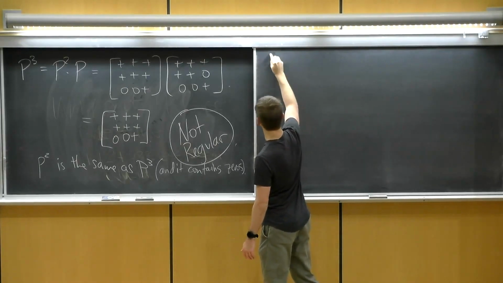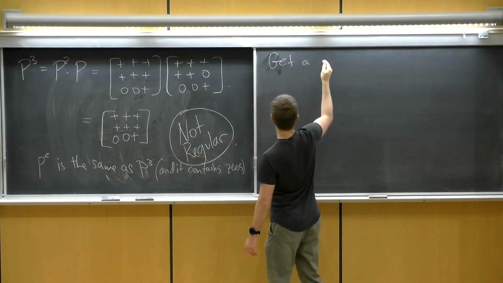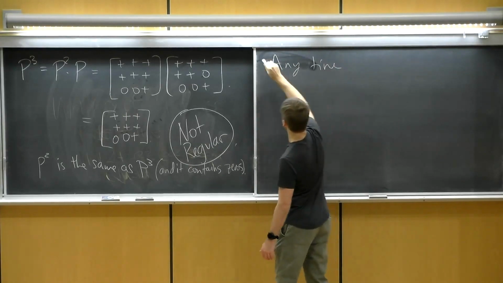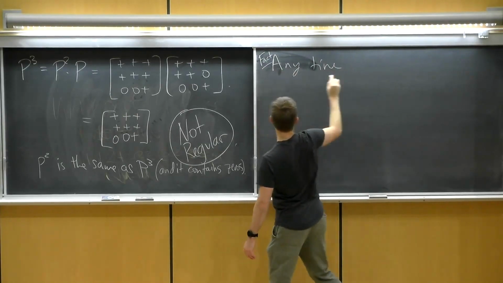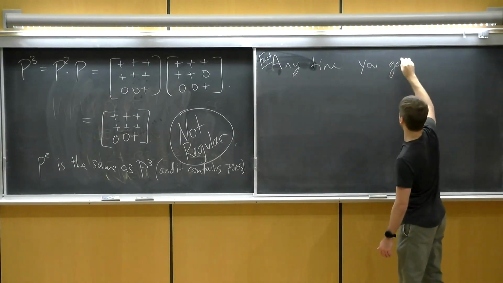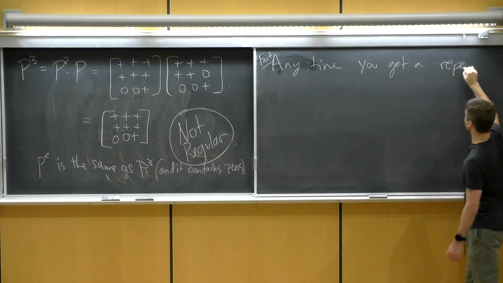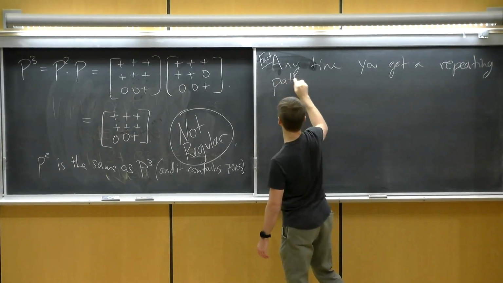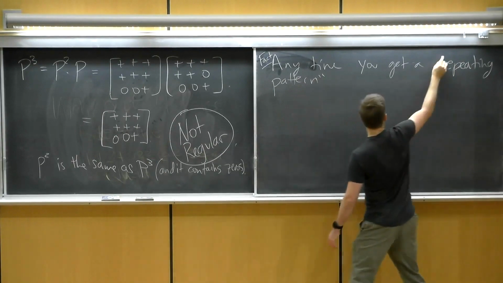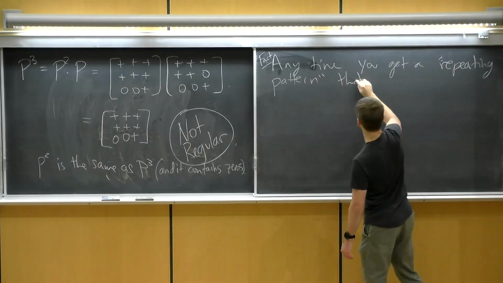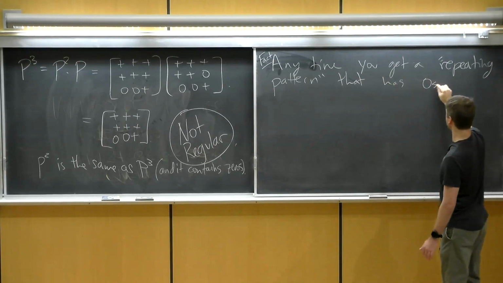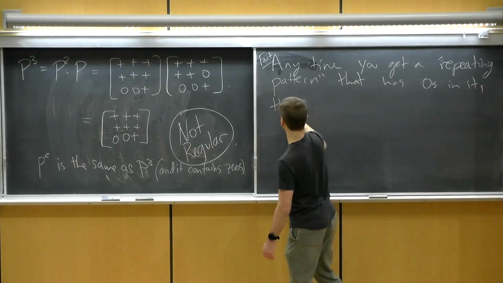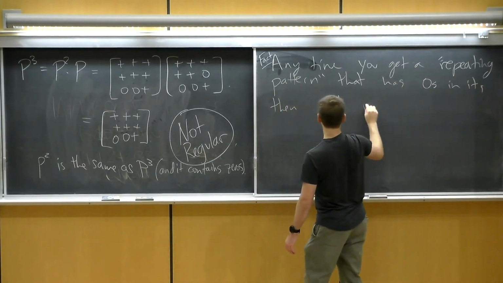So this is kind of a fact. If you get a repeating pattern that has zeros in it, then it's not regular.